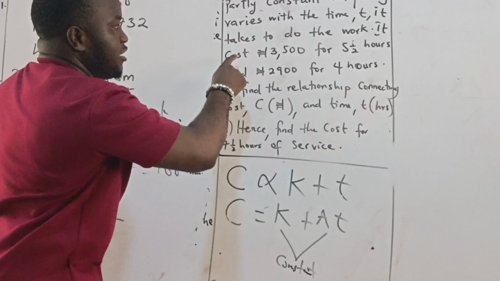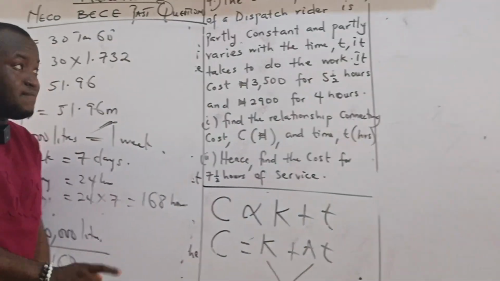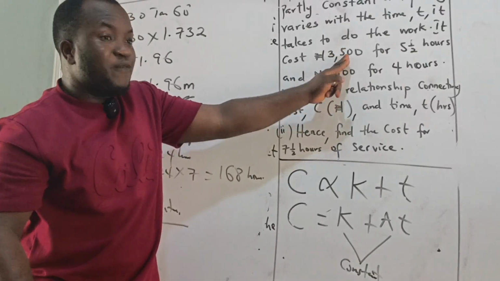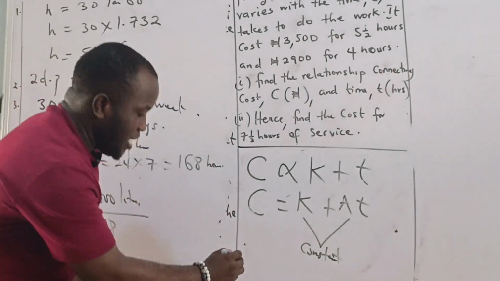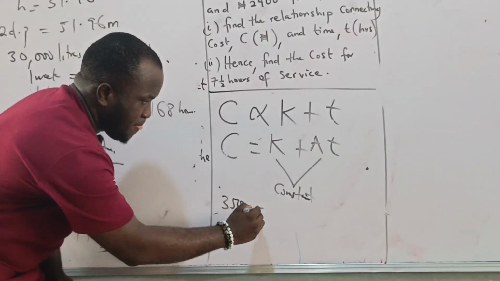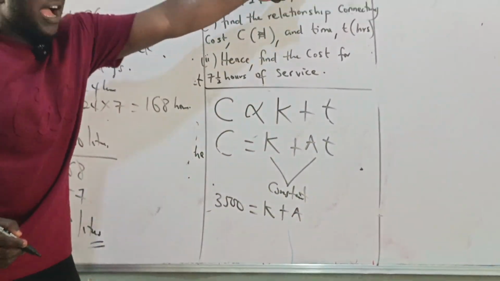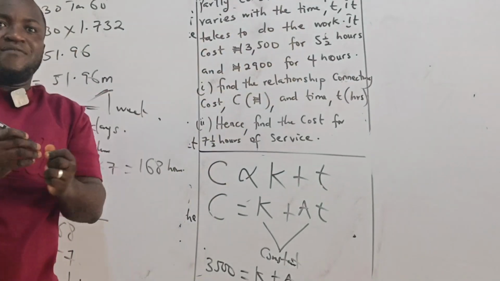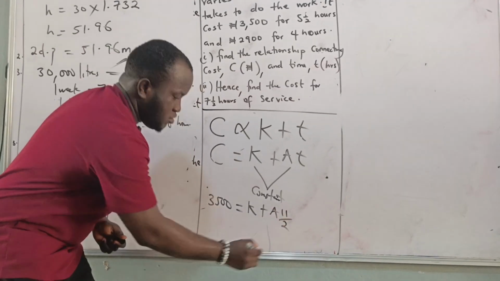Now, let's continue. It costs 3,500 naira for 5.5 hours. So let's substitute. We have 3,500 equals k plus a times t, which is 5.5. Change 5.5 to an improper fraction, that will give 11 over 2.